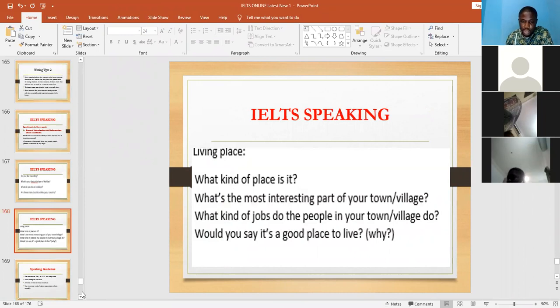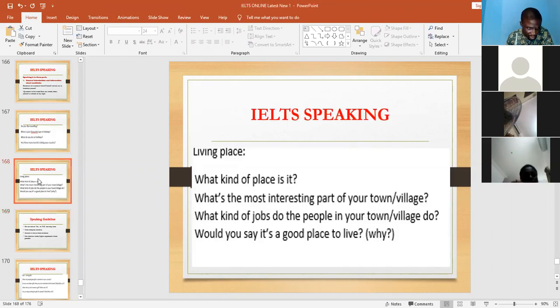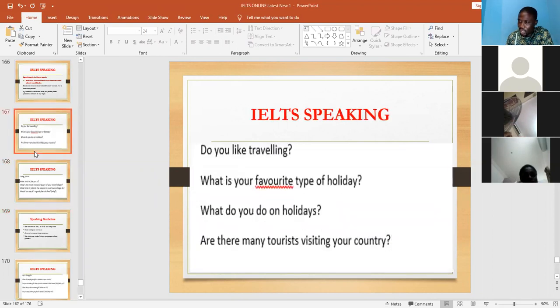Those are the things you need to take note of. Let me show another sample question. I think those are the 2 I've highlighted for our study this evening.